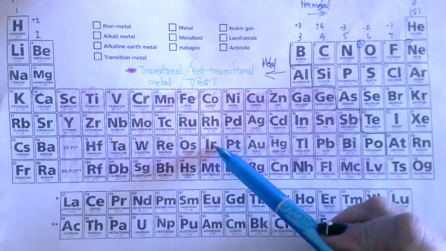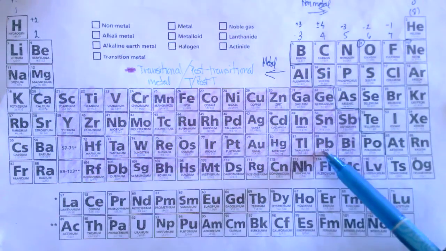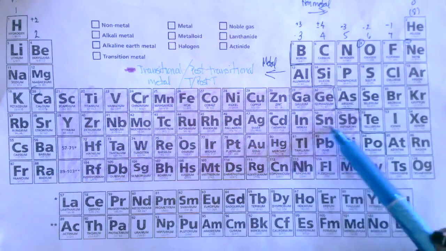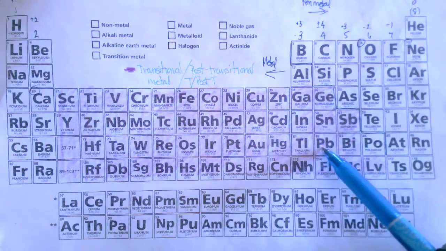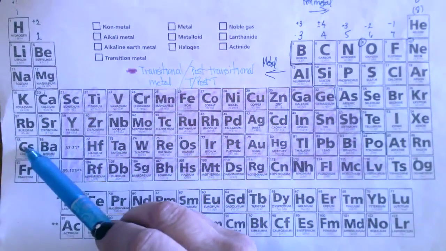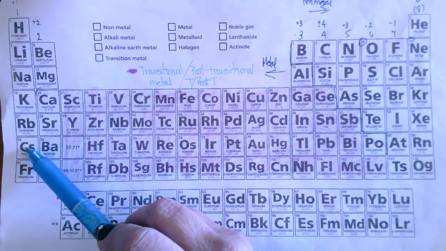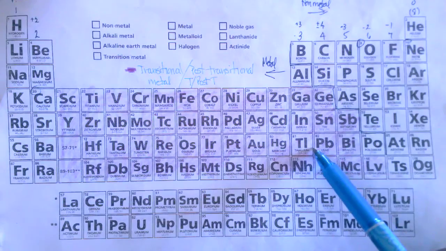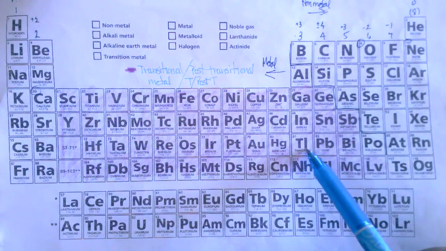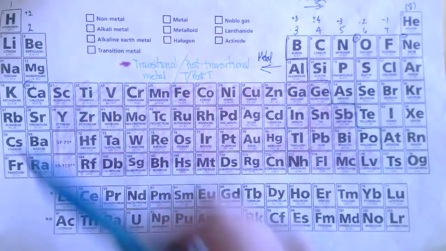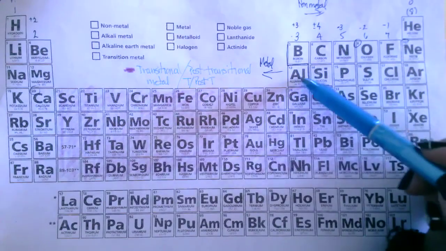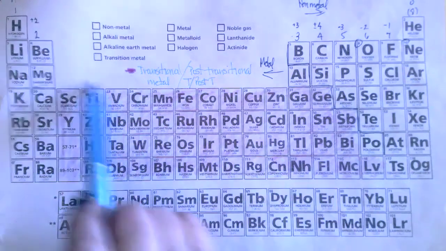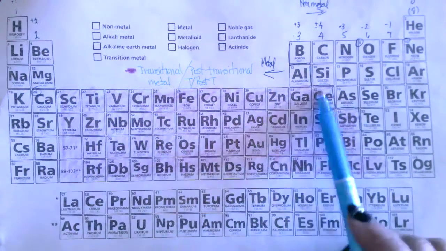Iridium, transitional. Lead, post-transitional. Notice that it's after the transitional elements, post-transitional. Cesium, column 1, regular. Thallium, after the transitional, it's a post-transitional metal. You need to be able to identify if it's regular or transitional/post-transitional. These will behave all alike.